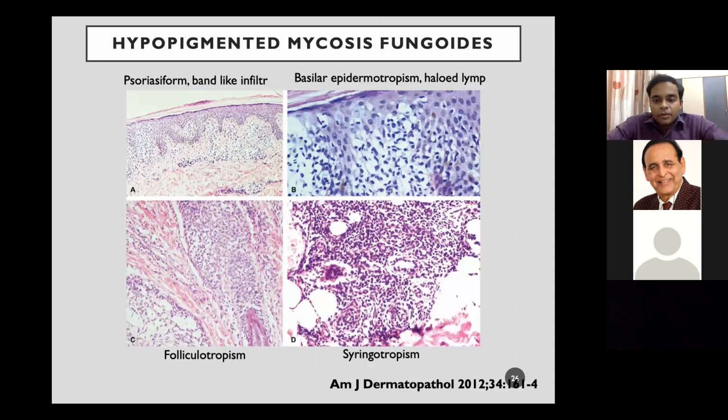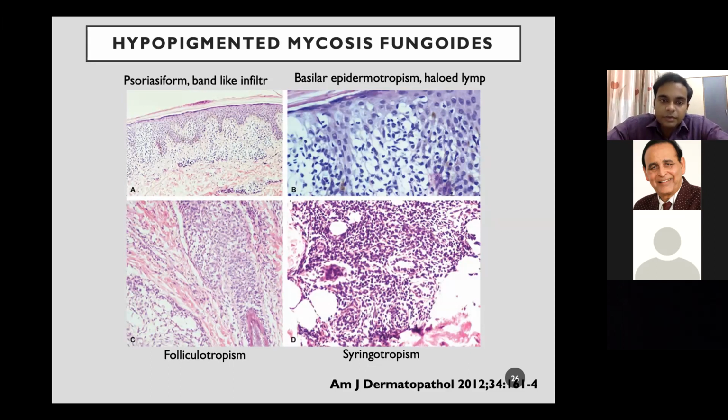Then obviously mycosis fungoides, it is a rare disease, but it can present with both hyperpigmented lesions and hypopigmented lesions. So hypopigmented mycosis fungoides can create confusion sometimes with pityriasis alba, with the early phases of BL or BT leprosy, where only hypopigmentation is there. But you have to look at the features which I had already discussed.